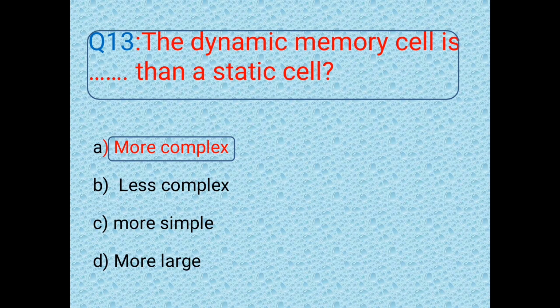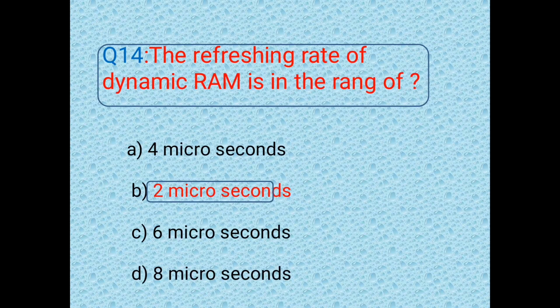A dynamic memory cell is one transistor and one capacitor per cell. That is DRAM, dynamic RAM. Dynamic RAM is the example of the dynamic memory cell. So it is more complex as compared to the static cell.